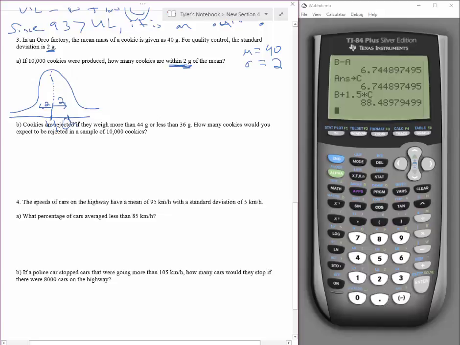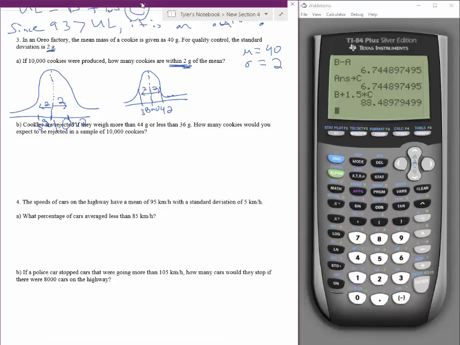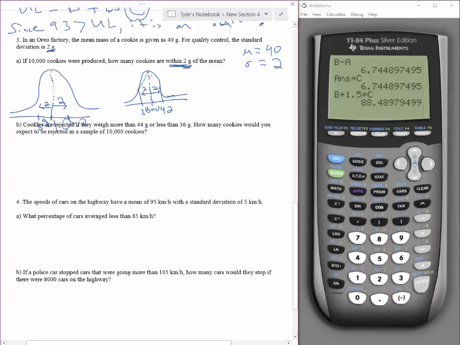I would be in between 38 and 42. Over here was the mean, and I went 2 this way and 2 this way. So what I'm after is the proportion of cookies inside this range, and if I multiply that by 10,000, it'll tell me the number of cookies.